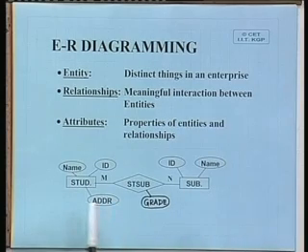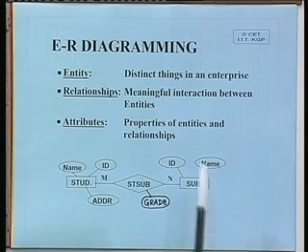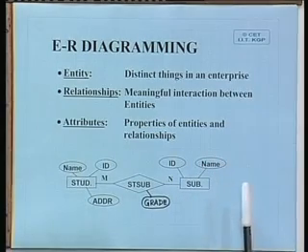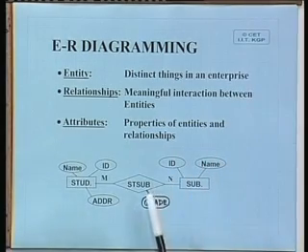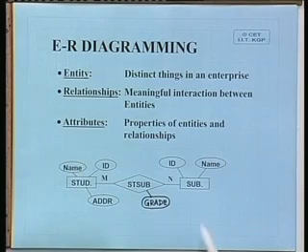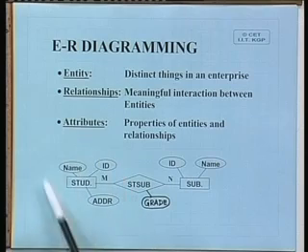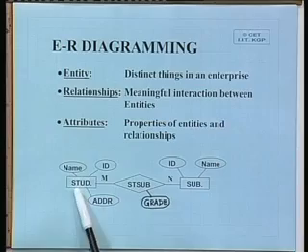Now, attributes. Attributes are properties of entities and or relationships. What is the difference between attributes and entity? See, the student is an entity. This is a distinct thing. Anything that describes it is an attribute. So, do not confuse between attributes and entities.